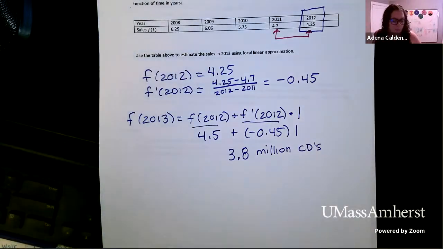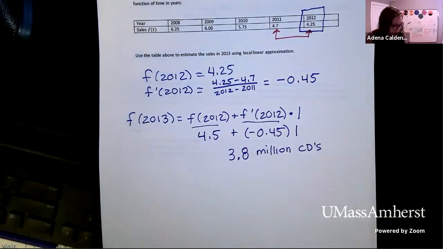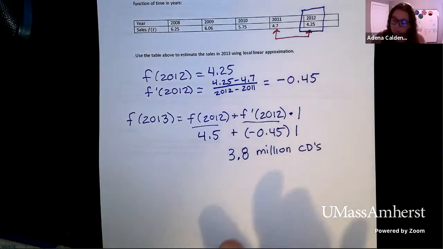Okay, so we're going to switch gears. Like I said, we're going to start 2.4 today. And so that is the end of 2.3, and that is called interpretations of the derivative. But those are the two pieces that we have from 2.3. So now we're going to shift gears into 2.4.